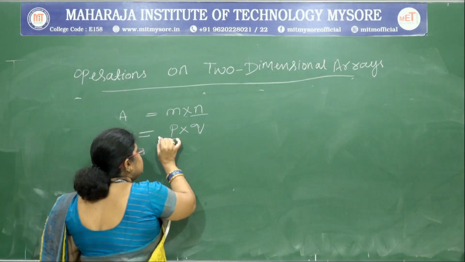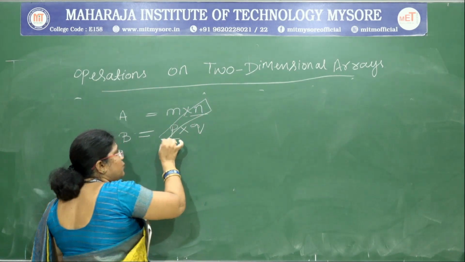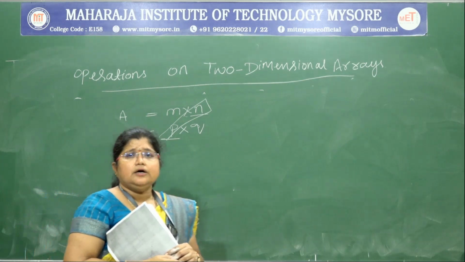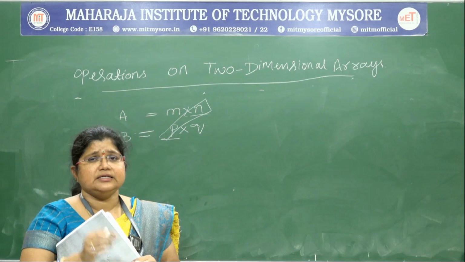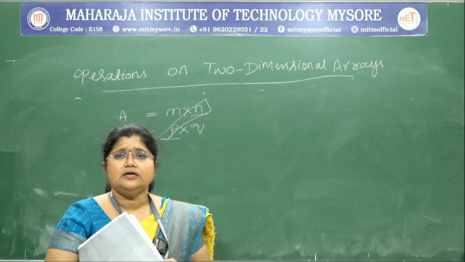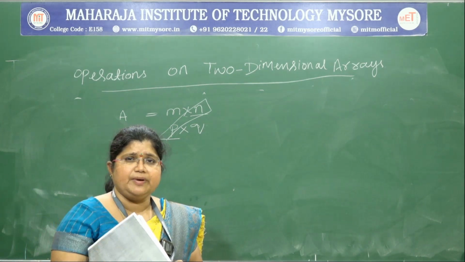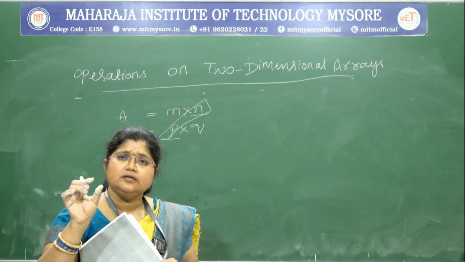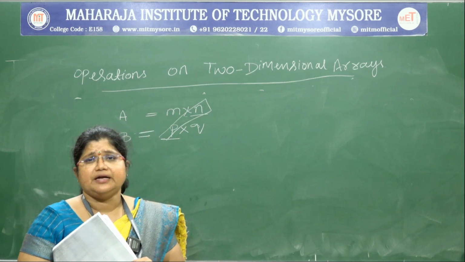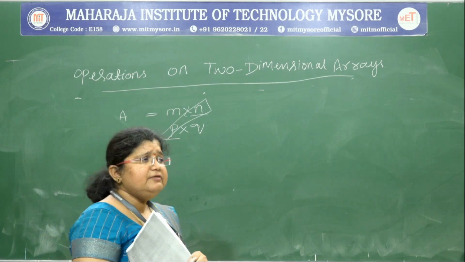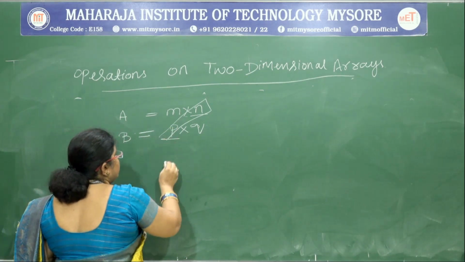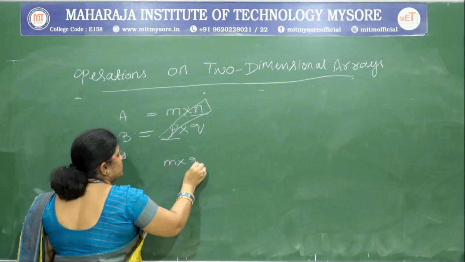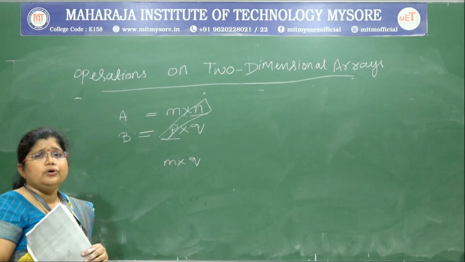If both are the same, that is the size of the column of the first matrix and the size of the row of the second matrix, then we are going to obtain the product in the size of M cross Q.